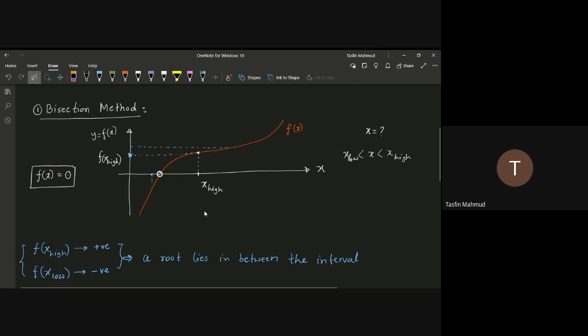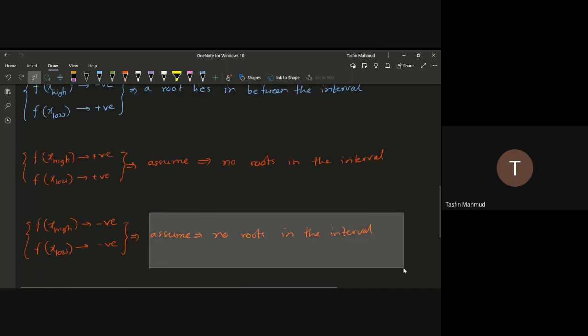This is the x high and this is the x low. For both of these points, we can see that this is a negative value and this is also a negative value. Right? So this is f of x high, and this is f of x low, the given interval. If this type of scenario occurs, then we will safely assume that no roots exist in the interval.